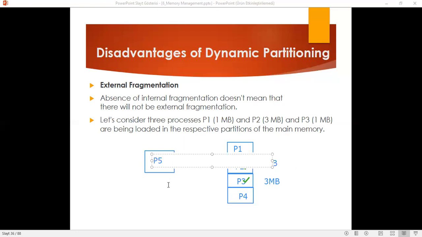Okay, it wants to execute. My available space is 5 megabytes, so it is more than we need. But because these are created partitions, I can't put them here.